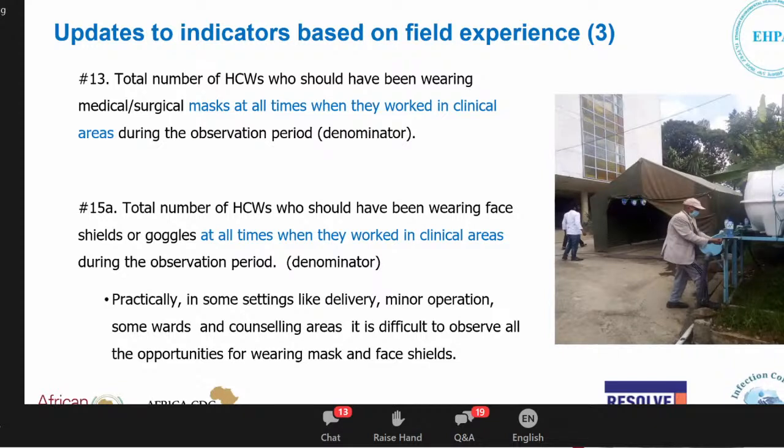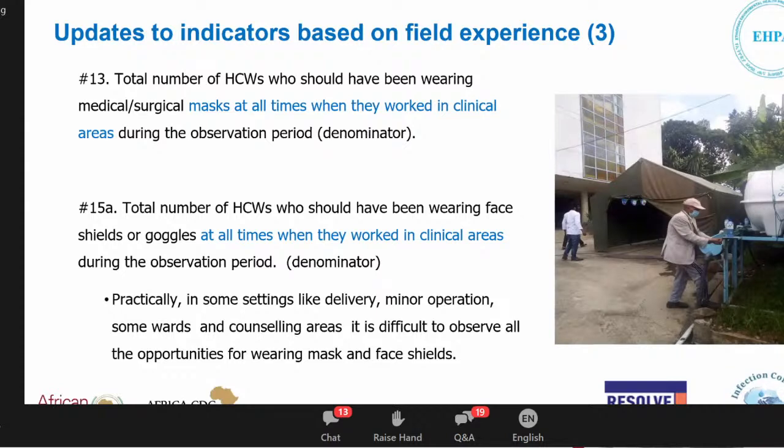Similarly, in the case of indicator 15, it says goggles and face shield at all times in the clinical setup. Practically, in some settings like delivery, as I mentioned, minor operations, some wards and counseling areas, because it requires privacy, it is challenging for us to track this indicator.